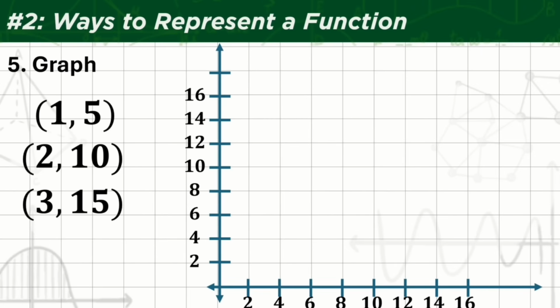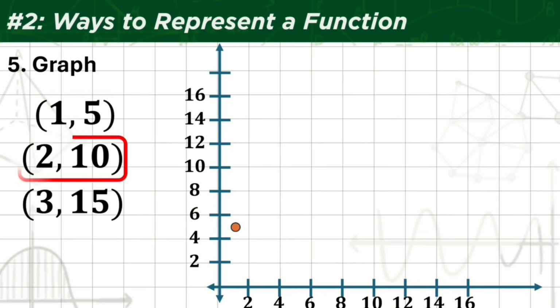Find first the x value, move left or right from the origin, then move up or down for the y value. For ordered pair 1 and 5, 1 is the x value and 5 is the y value. Since both the x and y values are positive, this means from the origin, we need to move the point 1 unit right, and then 5 units up.